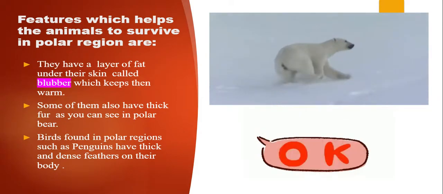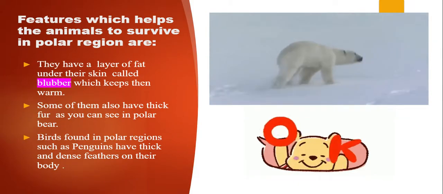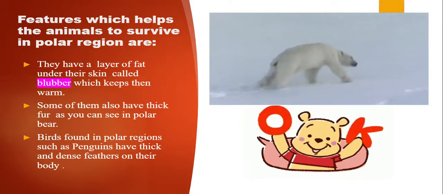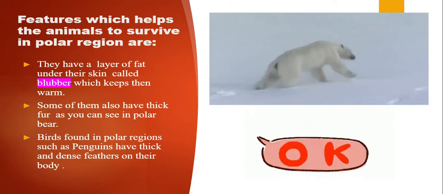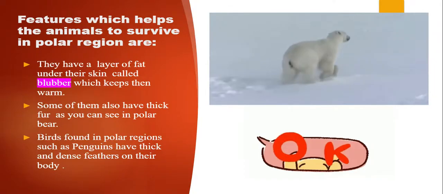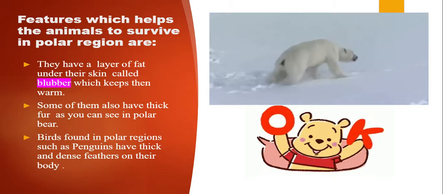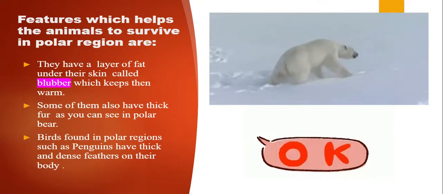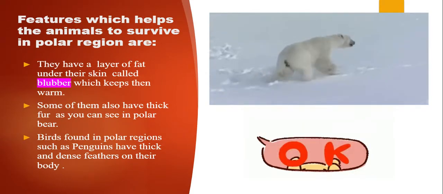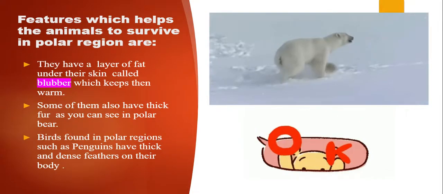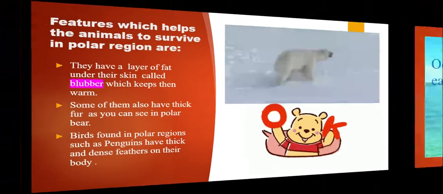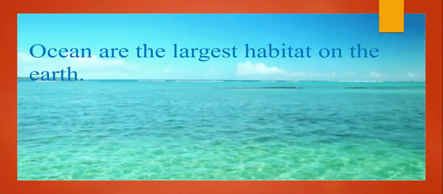Children, birds found in polar regions, such as penguins, have thick and dense feathers on their body, which keeps them warm. So, children, we came to know that polar bear has a thick layer of fat under their skin known as blubber and a thick layer of fur covering its body, which keeps it warm and protects it from the extreme cold.